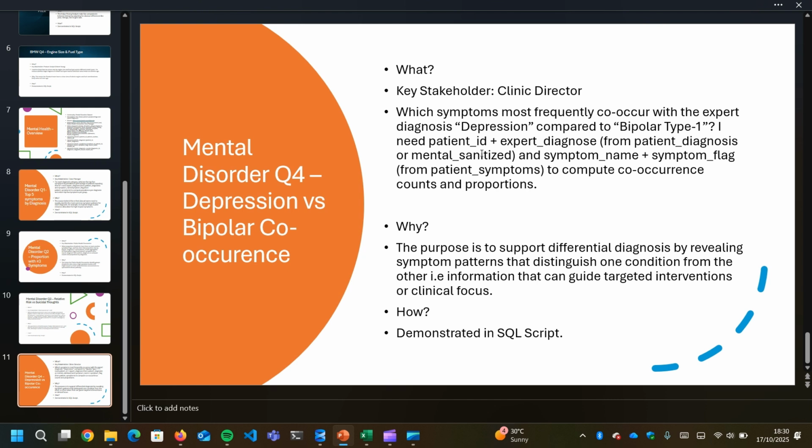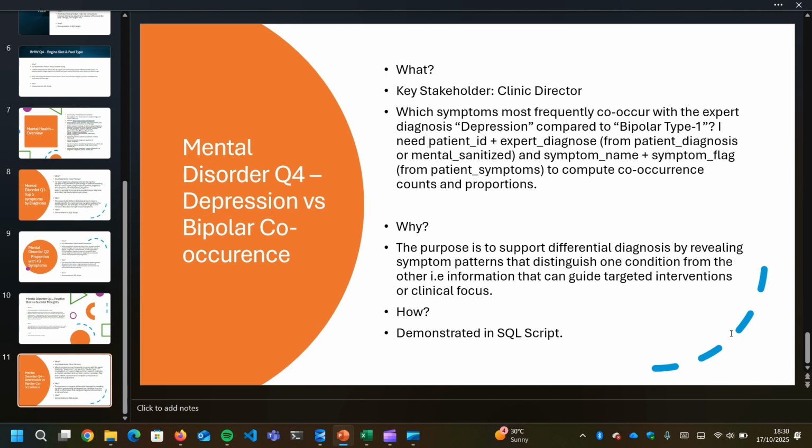I need the patient ID plus expert diagnosis from patient diagnosis or mental sanitized, and symptom name and symptom flag to compute co-occurrence counts and proportions. So basically, what this last question is asking is for us to compare depression and bipolar type 1 to see which symptoms occur more frequently with depression.